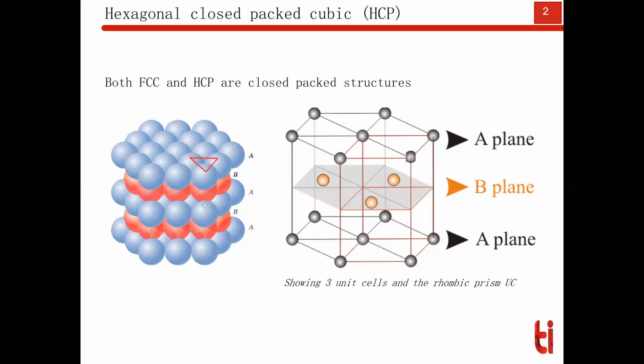And similarly, if I go beneath this again, here, this particular red ball is precisely on the top of this particular valley or on the bottom of this particular valley.